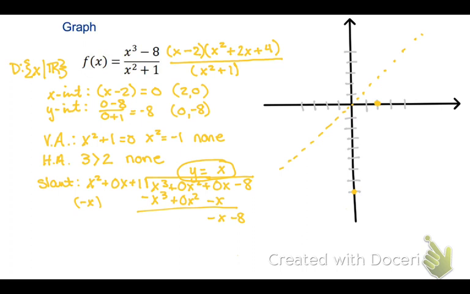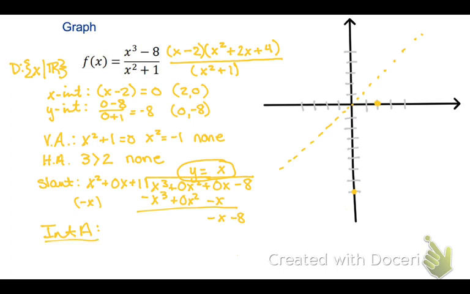Okay. So now we need to do interval analysis. So remember, intervals are made by x-intercepts and what kind of asymptotes? Vertical. X-intercepts and vertical. That's it. Okay?